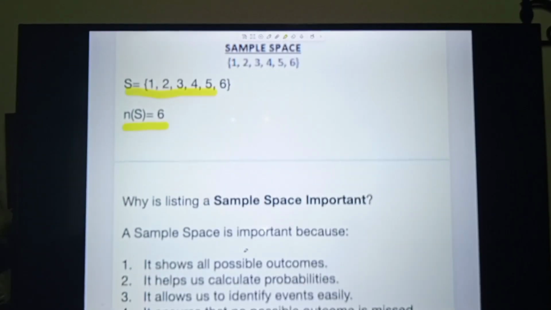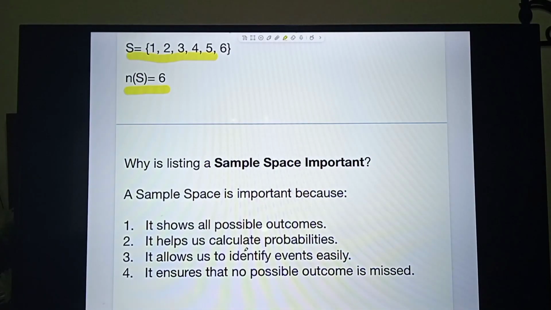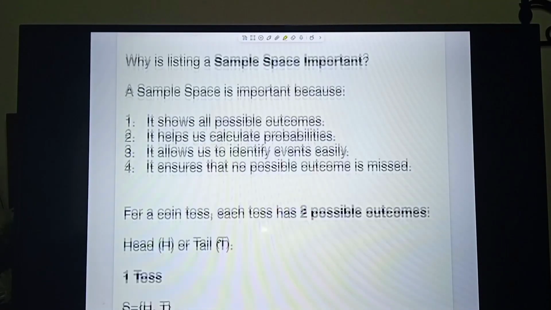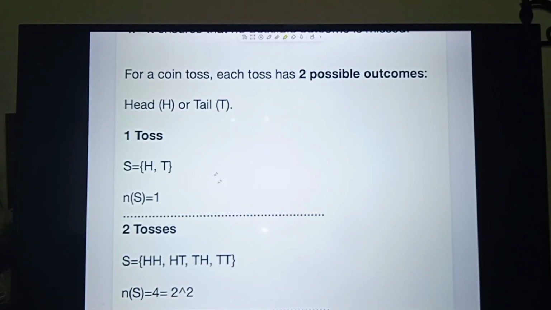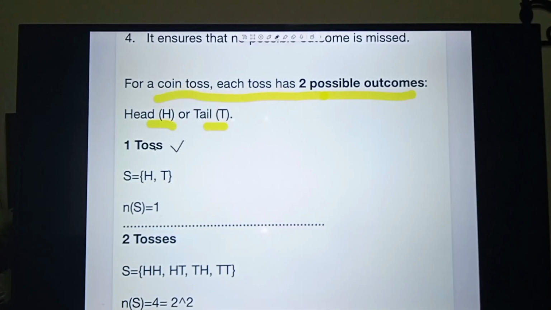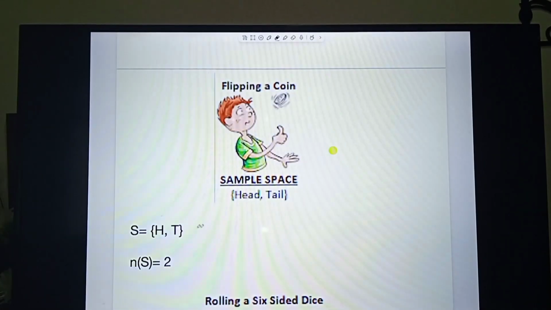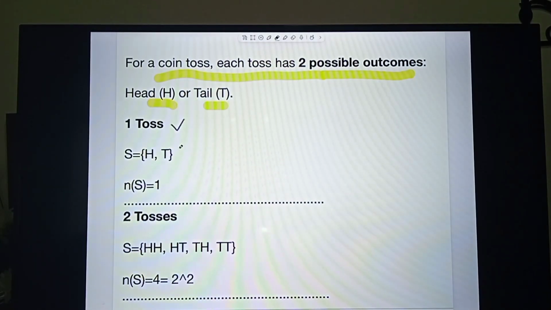Now let's consider more experiments. Suppose for a fair coin toss, each toss has two possible outcomes, that is head or tail. On a single toss, when you toss a single coin, we discussed that the sample space is this.